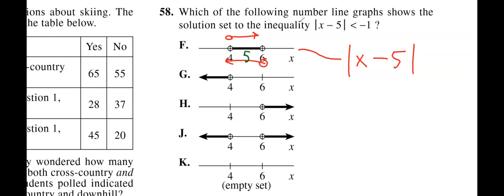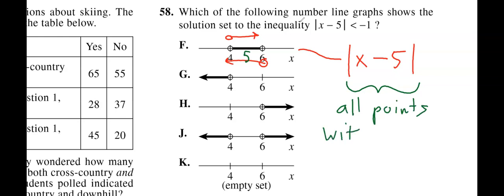Okay. Now, for those of you who don't know, what this is saying is all points within so many units of 5. Now, going from 5 to 4 and from 5 to 6, how many units have you gone left?